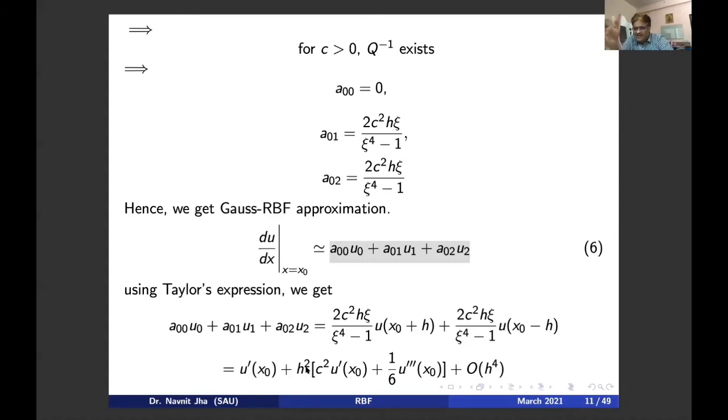This is your second central difference operator. So for finding the second derivative, we require at least 3 points. Is it possible to calculate the second derivative with the help of 4 points? Very much possible. With 5 points, very much possible.